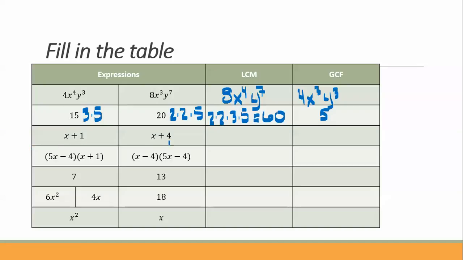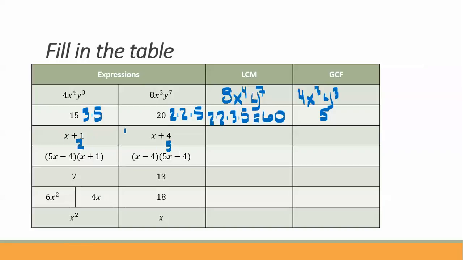x plus 1 and x plus 4. x plus 1 is one number, and x plus 4 is another number. While you're getting used to it, you could put a number in there just to think about what you're doing. If we put 1 in for x, we would have the number 2. If we put 1 in for x here, we would have the number 5. If we want the least common multiple, we would have to multiply 2 times 5.